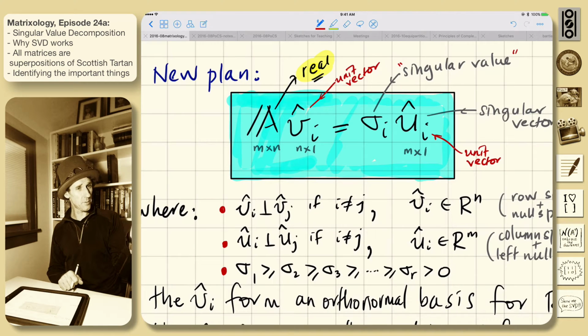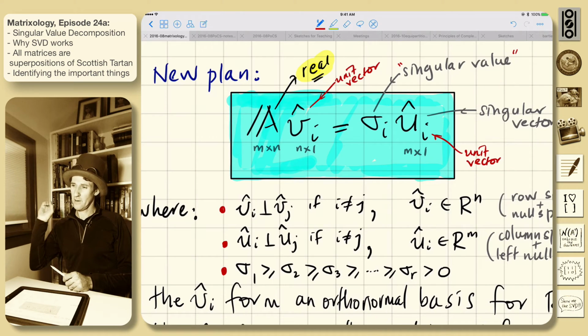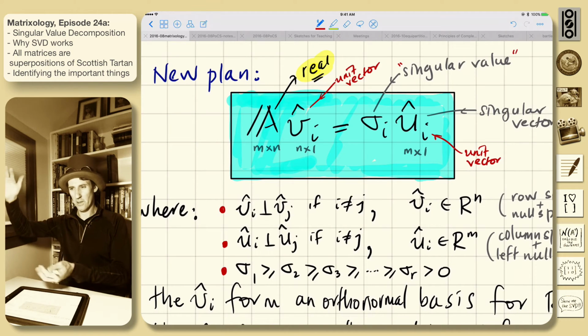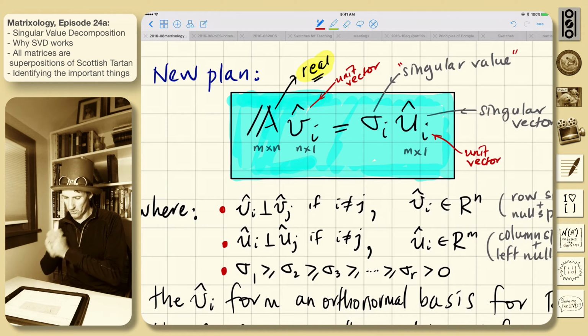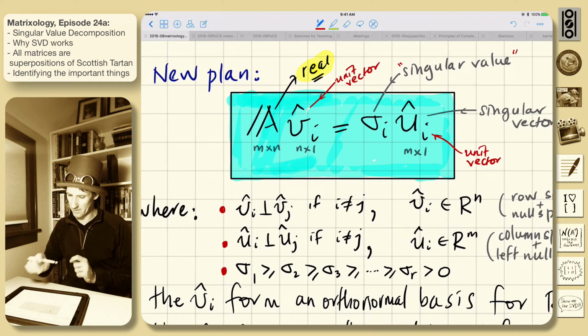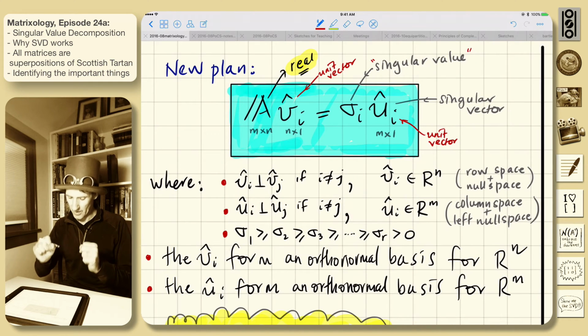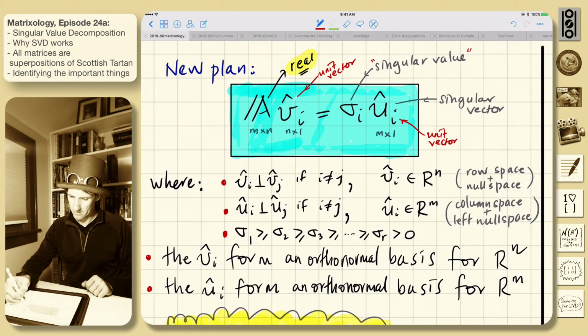If you break them into two pieces, it will be an orthonormal basis for column space and an orthonormal basis for left null space. The v's, right? So A times v, the v's will live in row space and null space, and will form an orthonormal basis for each, and then all combined will form an orthonormal basis for Rn. Okay, that's what these next pieces are saying.